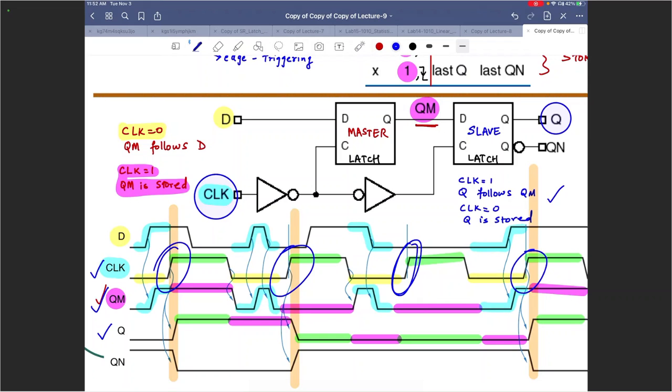So I hope you agree that that is exactly how we designed a positive edge triggered data flip-flop. The output was able to change only when the clock was going from low to high. Overall, it didn't change because QM was already 0.